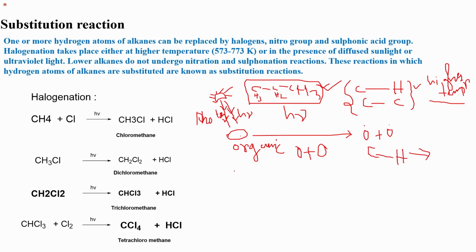One is the heterolytic cleavage, where the more electronegative atom will bear the negative charge. Between carbon and hydrogen, carbon is more electronegative, so carbon is delta minus and hydrogen is delta plus.